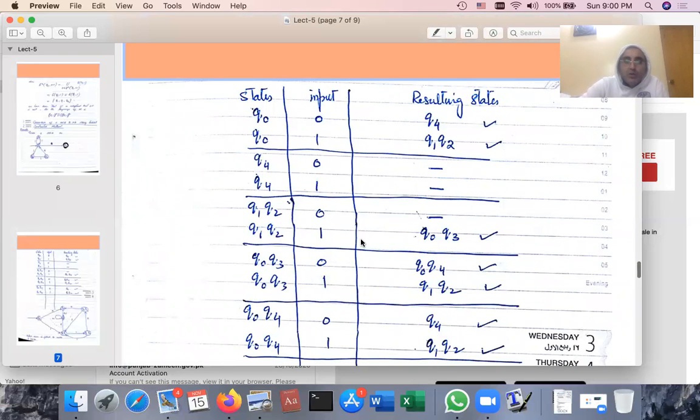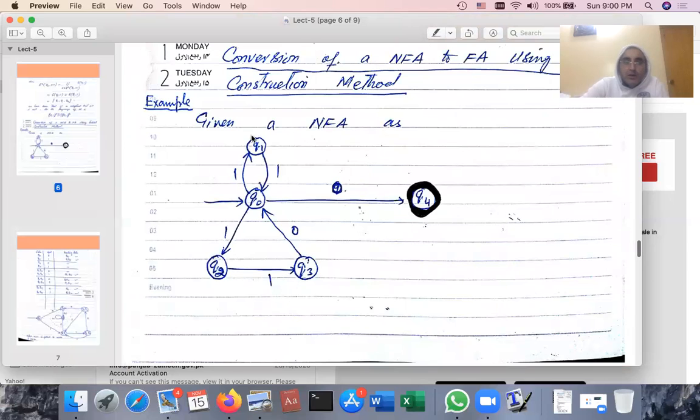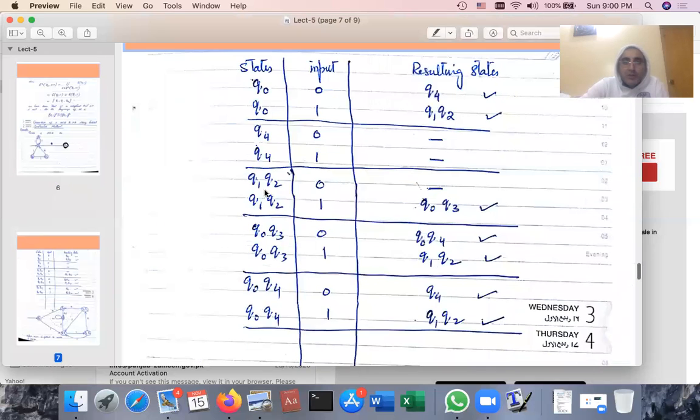Q1, Q2 with 1: from Q1 I am reaching Q0, and Q2 with 1, I am reaching Q3. So Q0, Q3 may be the new pair. So this is finished.